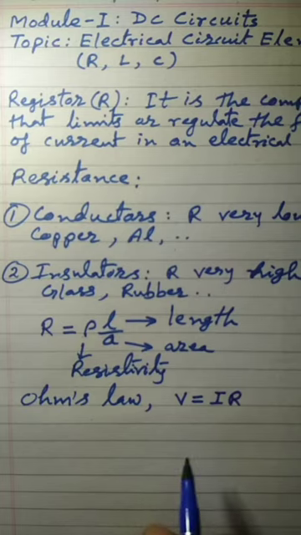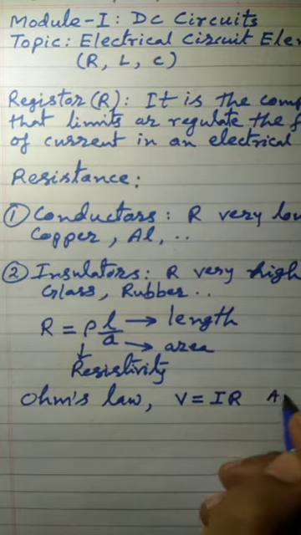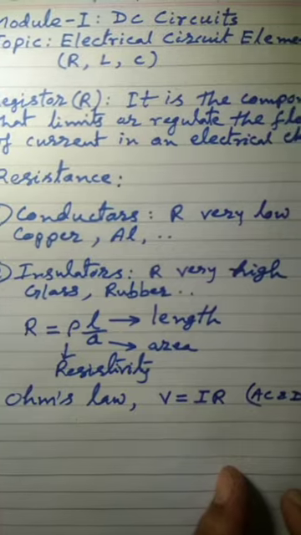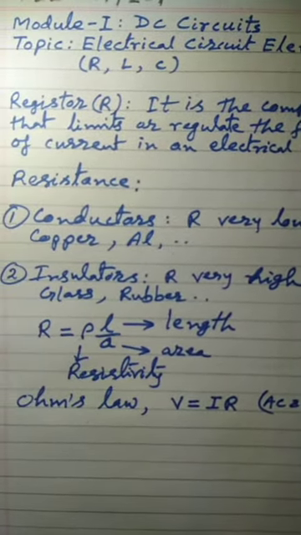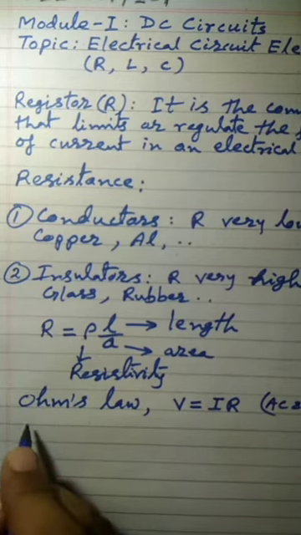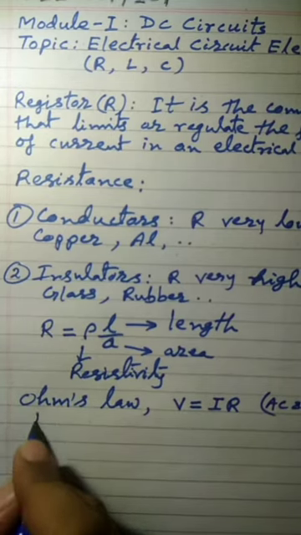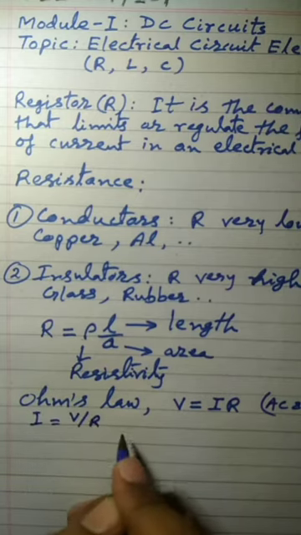This relation is satisfied for both AC as well as DC circuits. Now from this expression we can find current, that is V upon R, and so on.